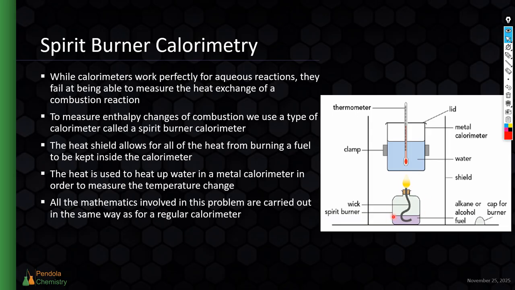And then we have a spirit burner at the bottom. Spirit burners are essentially like tiki torches that you would use in your backyard. It's a little glass container that has a wick, and in that wick you put the thing that you're burning, in most cases usually an alcohol or alkane, and then we can light that spirit burner.